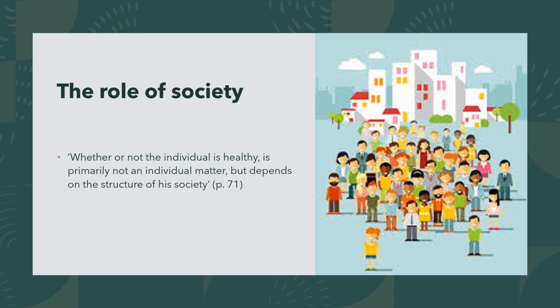So this is the key claim of Fromm's passage on mental health and society. Whether or not the individual is healthy, Fromm says, is primarily not an individual matter, but depends on the structure of his society. So it's the role played by society in determining whether an individual is healthy or not.